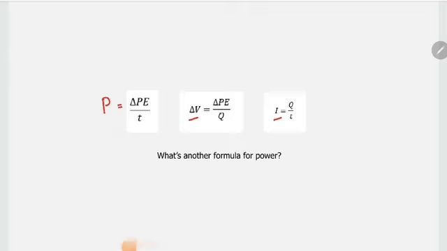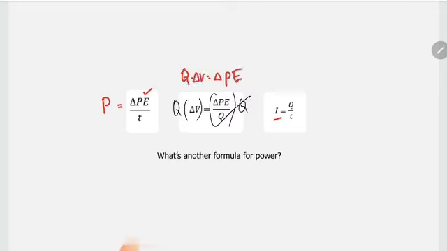So first, okay, may connection this one and this one, di ba? Through this change in potential energy. Now, let's make an equation for the potential energy by multiplying both sides by Q. So that will be cancelled. So the change in PE will be Q times the potential difference, or voltage.